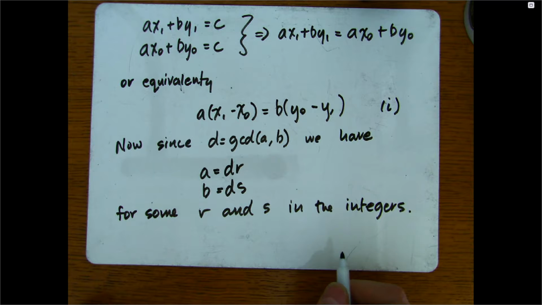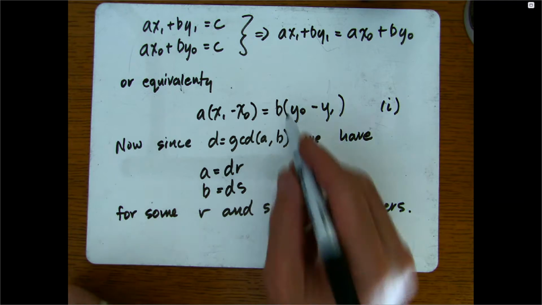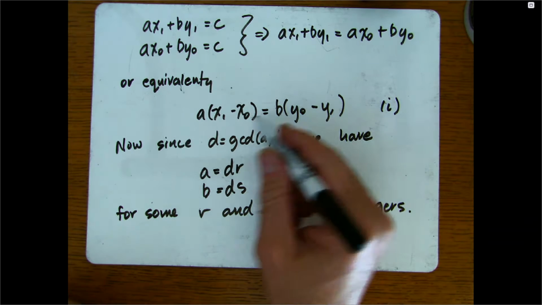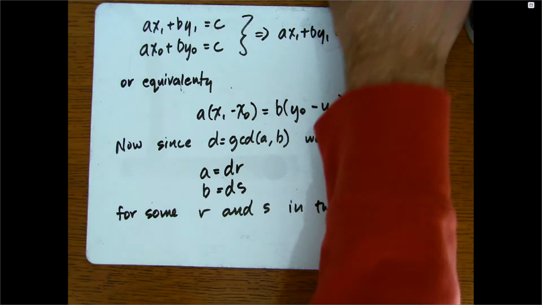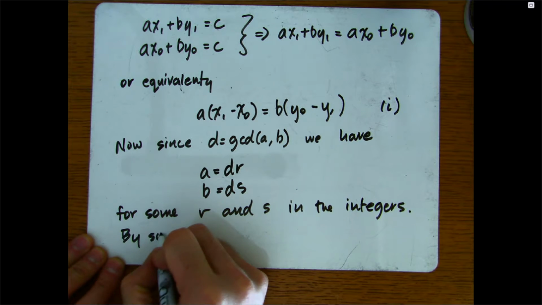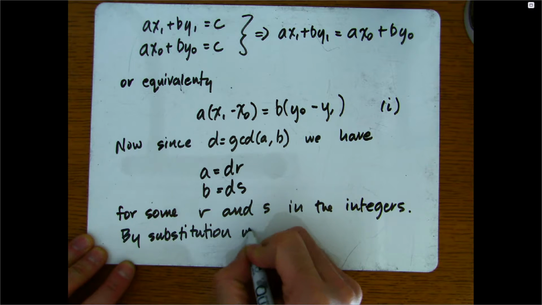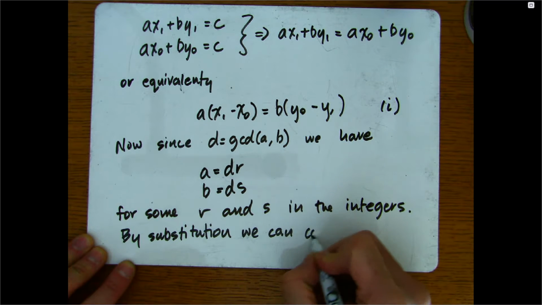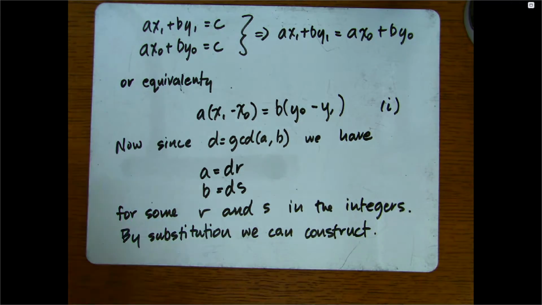Okay. So I can see that we have some substituting we could do. We could put these values of A and B in for those values of A and B up there. So let's go ahead and do that next. So by substitution, we can construct what? Let's see what this thing looks like when we sub that in.